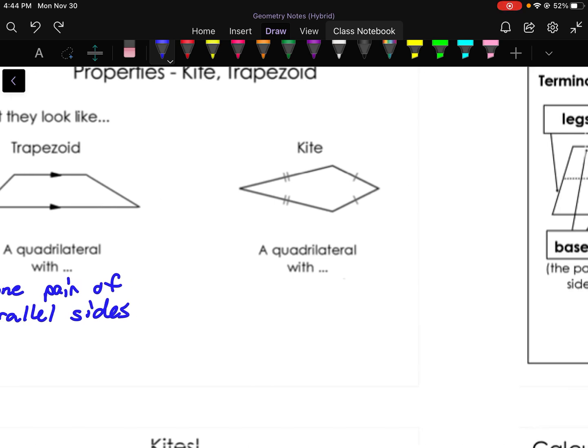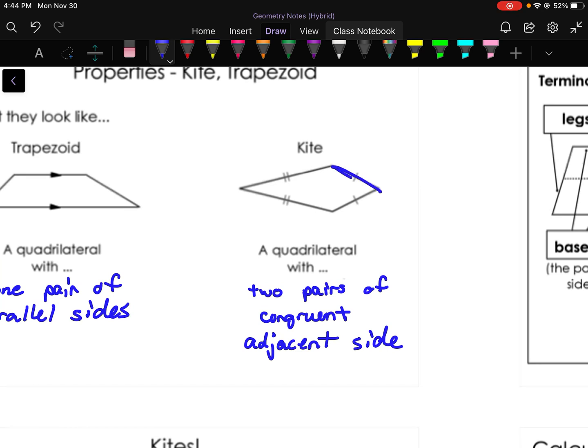And then we have a kite. It's getting a little cold to be flying kites right now, but if you've ever flown a kite, you've kind of seen this shape before. And that is a quadrilateral with 2 pairs of congruent, here's the key, adjacent, meaning next to, adjacent sides.